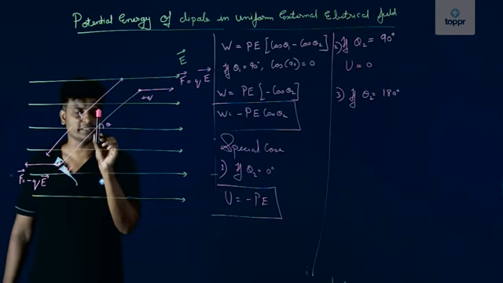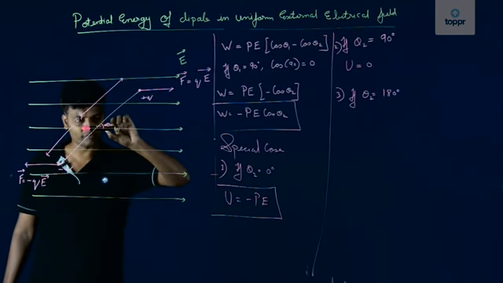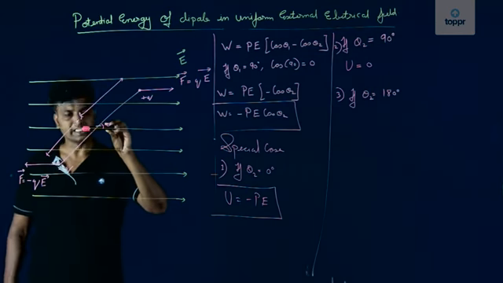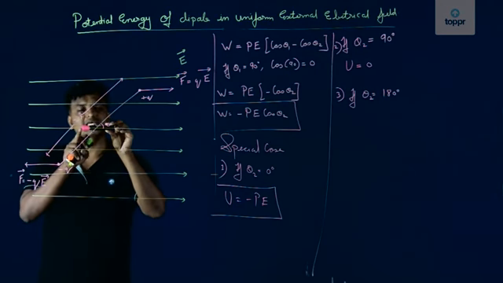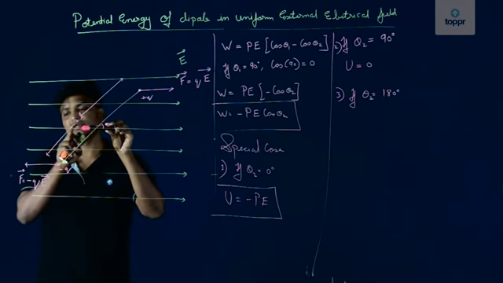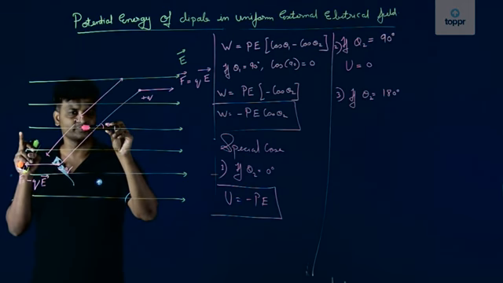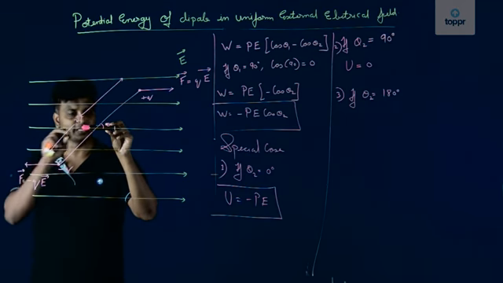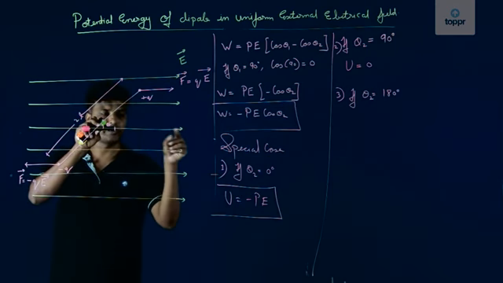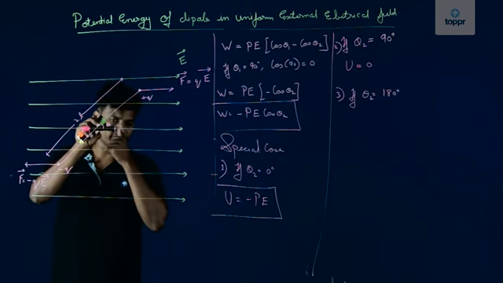I am rotating this from theta 1, that is from 90 degree to 180 degree. So this angle will become 180 degree. That means the positive charge is now pointing towards the positive terminal of the electrical field, and the negative charge is now pointing towards the negative, right?